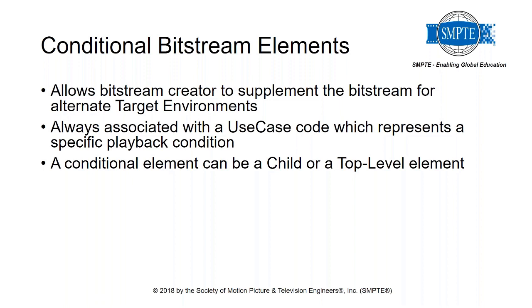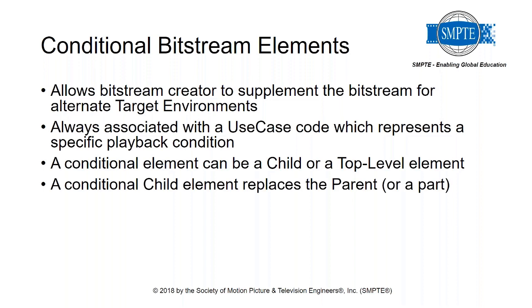If you refer back to that diagram I mentioned a minute ago, there's a bed and an object that report directly to the frame. Those are considered top-level elements. Even those top-level elements can be conditional. And as mentioned earlier, a conditional child element replaces a parent or a part of it if it's used.